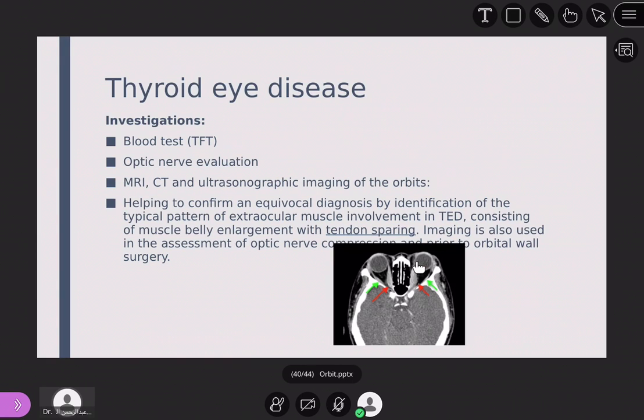This is specific for muscle involvement in thyroid eye disease, because in myositis, meaning inflammation of muscles other than thyroid eye disease, the whole muscle will be enlarged, even the tendon. However, here the tendon is spared.